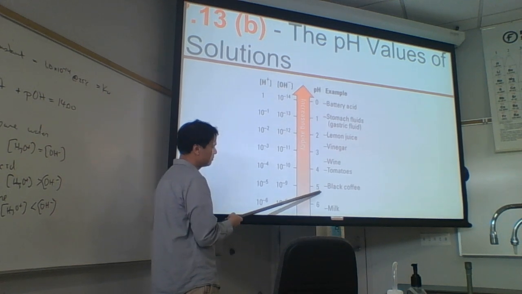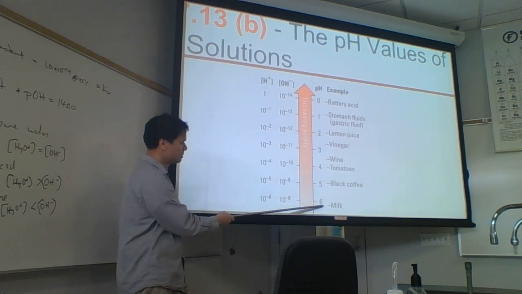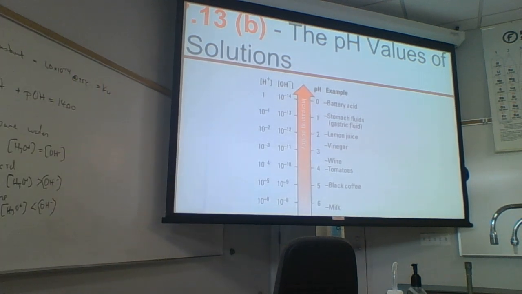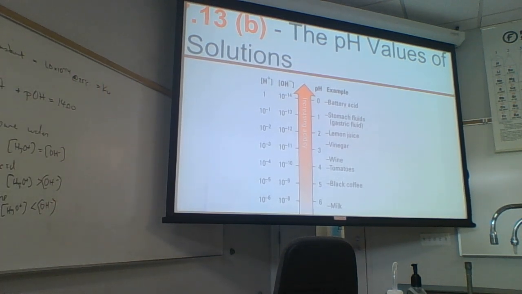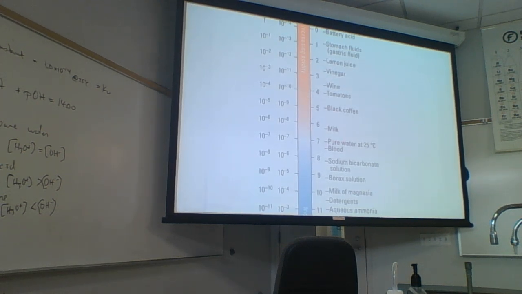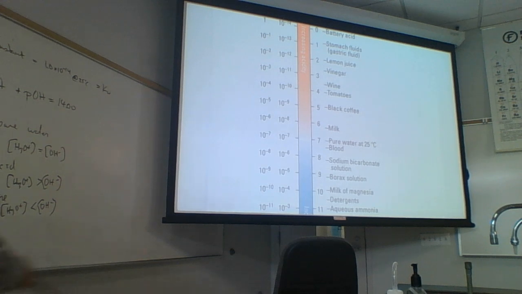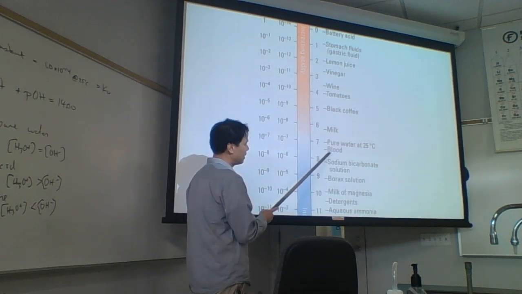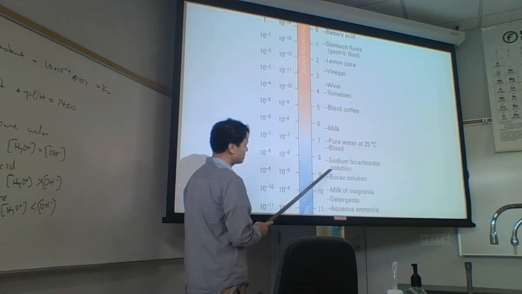Coffee is pretty acidic at 5. Milk, slightly acidic, we'd say, close to neutral. Pure water at 25 degrees C would be pH 7, neutral. Blood is slightly basic.